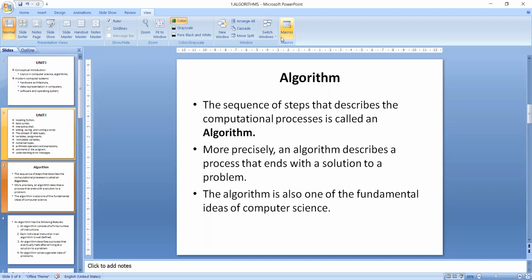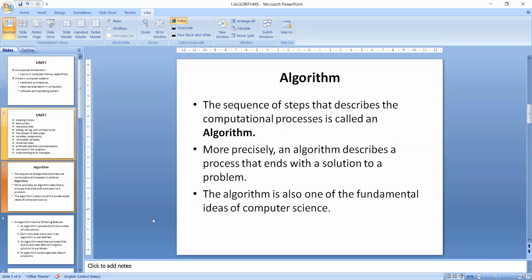The same thing in computer science: step by step we give a solution to the problem. An algorithm describes a process that ends with a solution to a problem. That is the main purpose: we have to get a solution, so we design an algorithm.